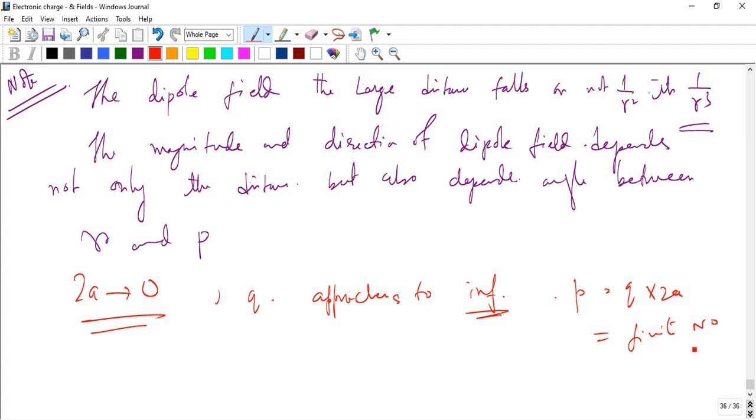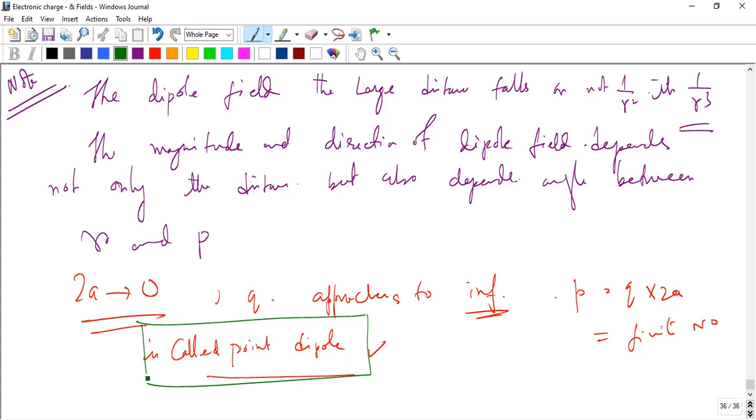Get it? A finite number. And such a dipole is referred to as a point dipole, because the distance between the two charges is 0. That's important. What is a point dipole? Actually, a point dipole is exact for any value of r.